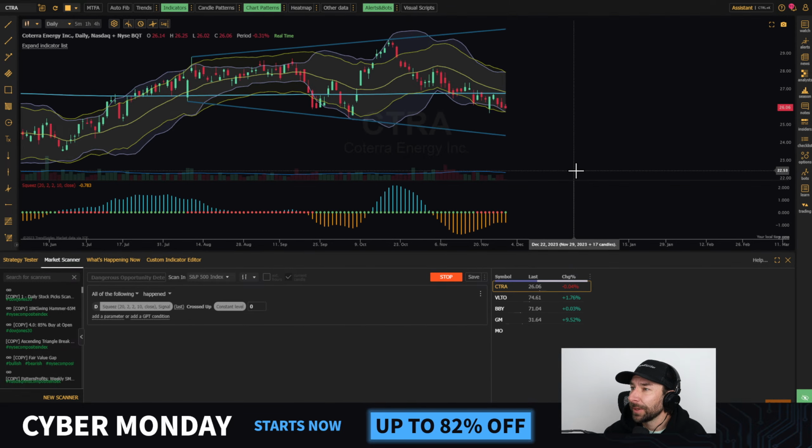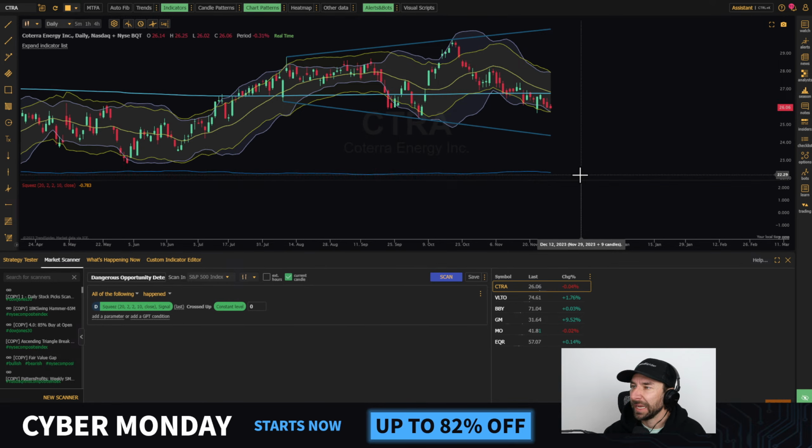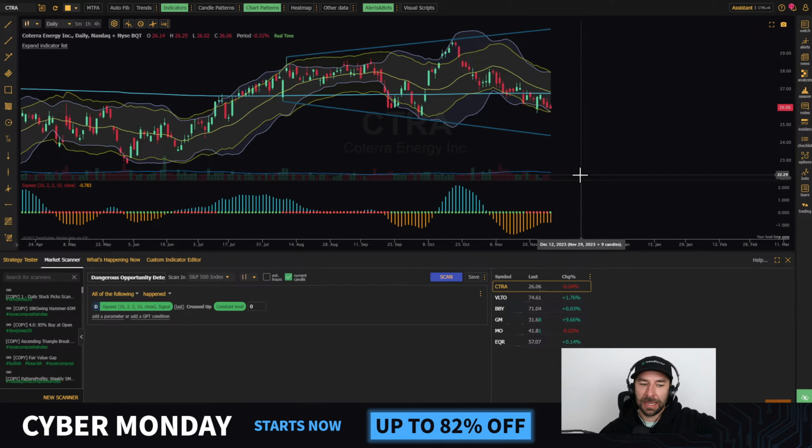Signal crossing up on 0 means squeeze firing, meaning Bollinger Bands leaving the Keltner channel.